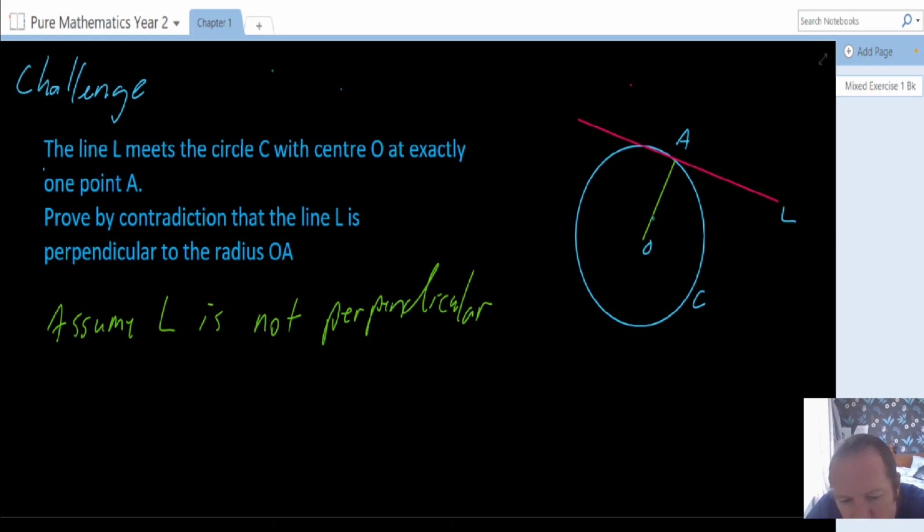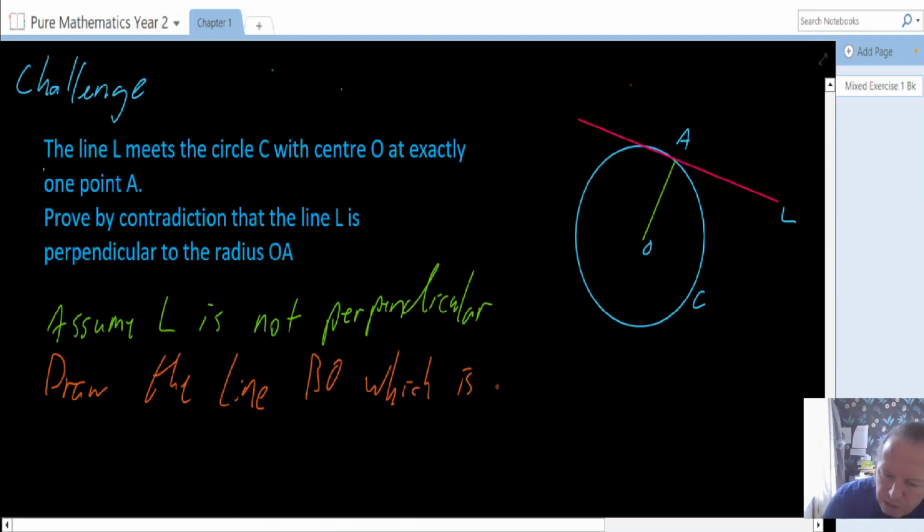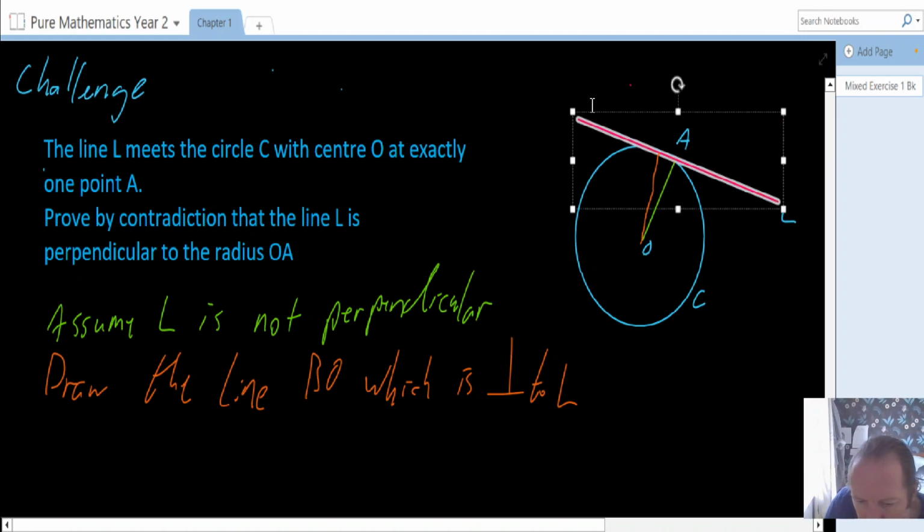Now then, let's draw the line BO, which is perpendicular to L. I want to actually draw the right angle line that is there, and that gives me B. I could tilt this so that it's out of my way.